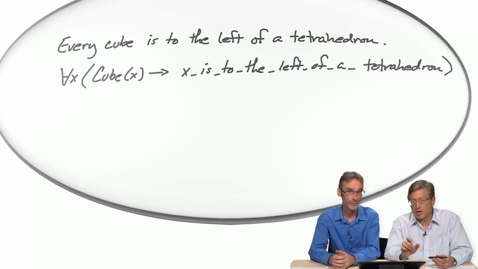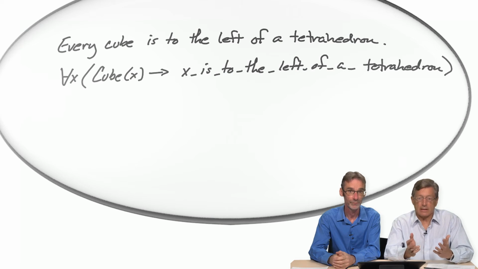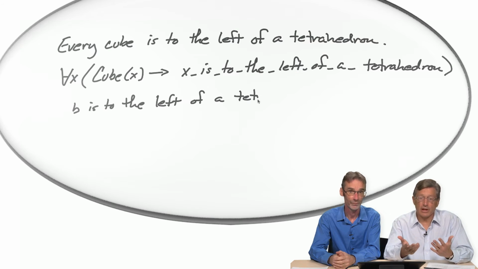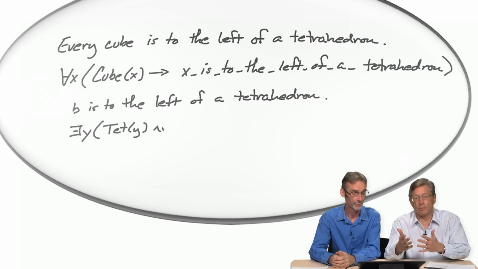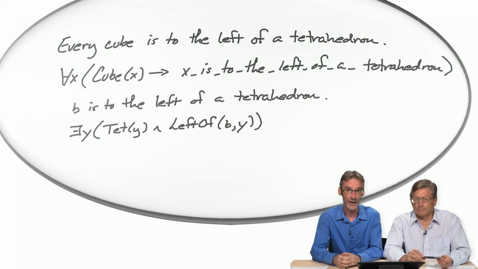This is what we mean by having a skeleton of the translation. So now the expression here on the right, x is to the left of a tetrahedron, is a little confusing because of the x. But we do know how to translate the sentence, b is to the left of a tetrahedron. This is just an Aristotelian sentence. There's an object which is both a tetrahedron and which b is to the left of. So now we can put these pieces together.